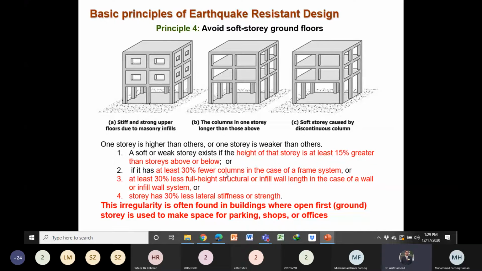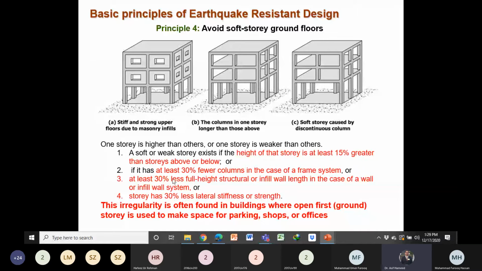If we have 30% fewer columns in one story than the other story, that story will be the soft story. Similarly, if we have 30% fewer full height structural or partition walls in a particular story, that story will be the soft story. If the lateral stiffness of a particular story is 30% less than the other stories, that story will be the soft story.